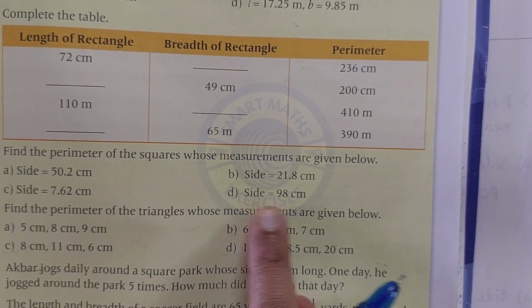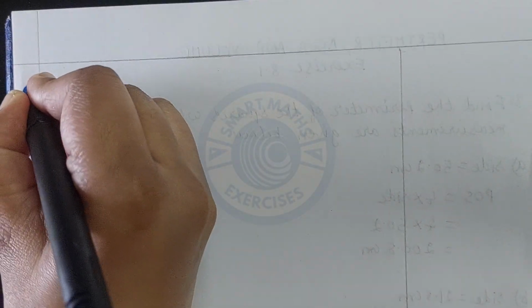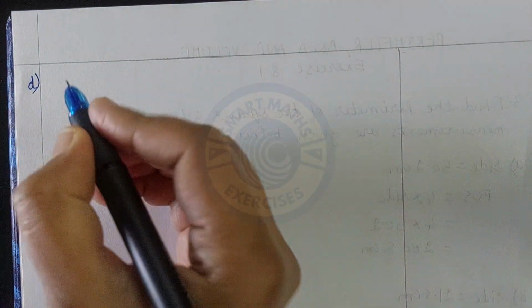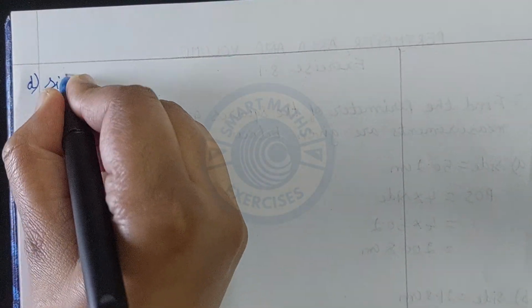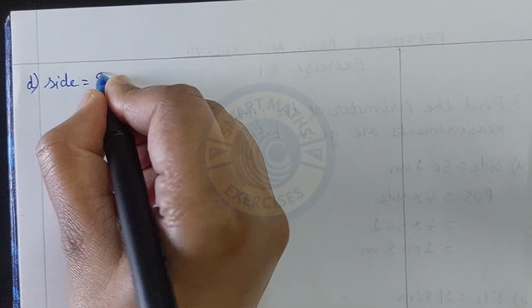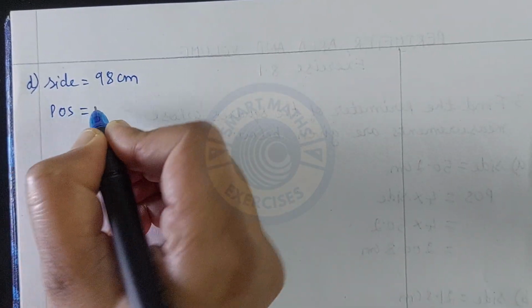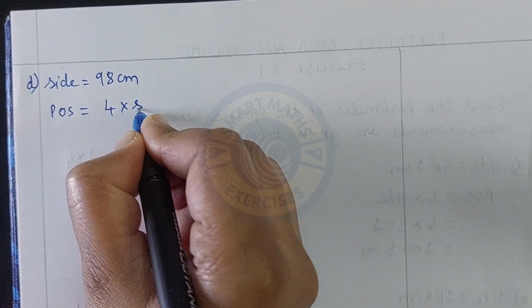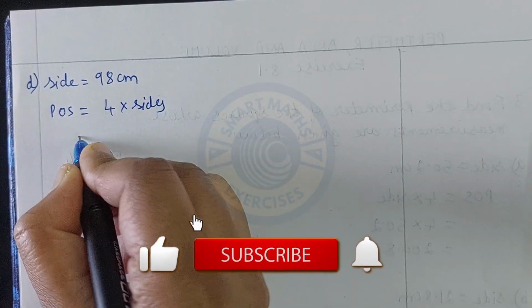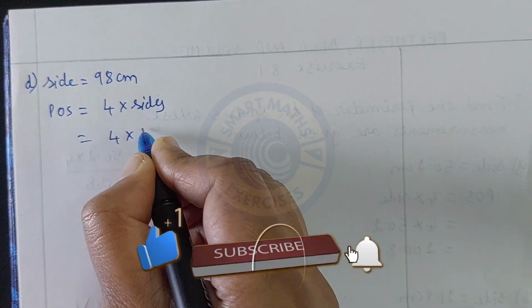Next question. Side equals to 98 centimeter. Perimeter of square equals to 4 into sides. So 4 into 98.